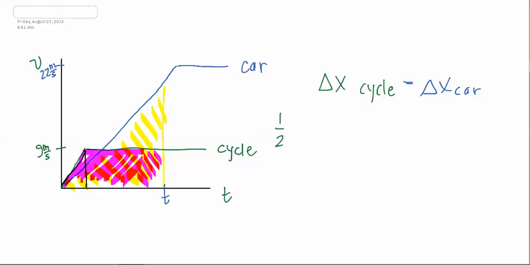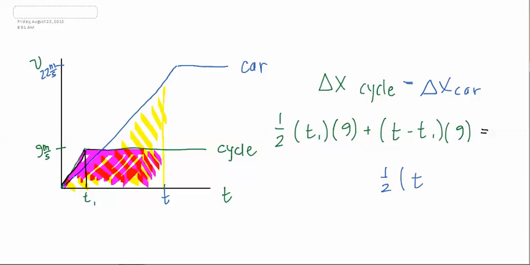I'll label it T1 for now, times the height, which is 9, 1/2 base times height, plus base T minus T1 times height of 9 has to be equal to the change in position for the car, which will be 1/2 base T, okay, that time right there, times height, which is some final velocity that I don't know. So those have to be equal to each other.